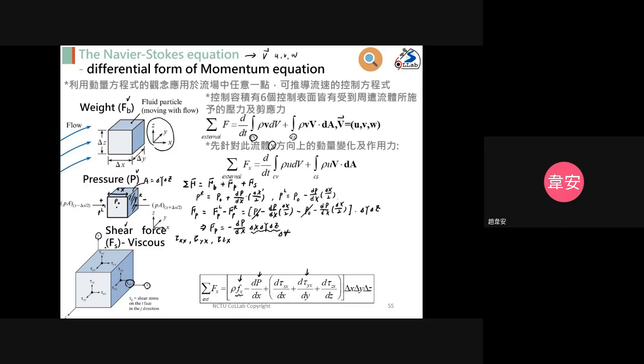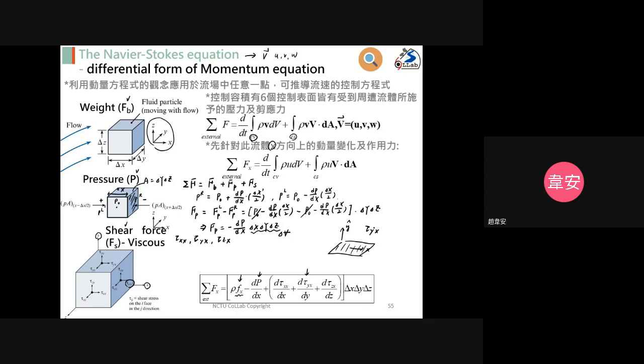As you see the top of the cube here, we have a surface, and this surface is the top of the cube, and we know that the normal vector of this surface is along the y direction. And one shear force acts on this surface along the x direction, and we call that the shear stress on this surface along the x direction. We call that tau yx.